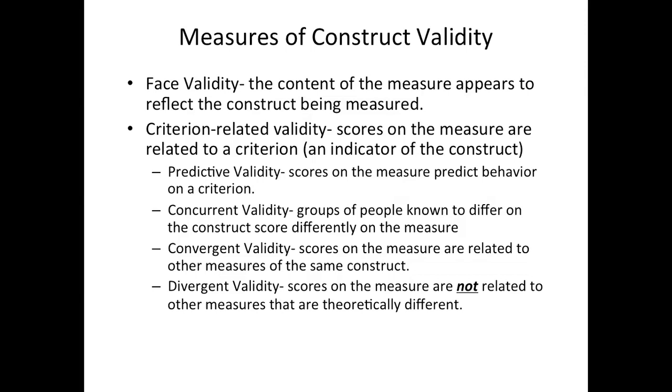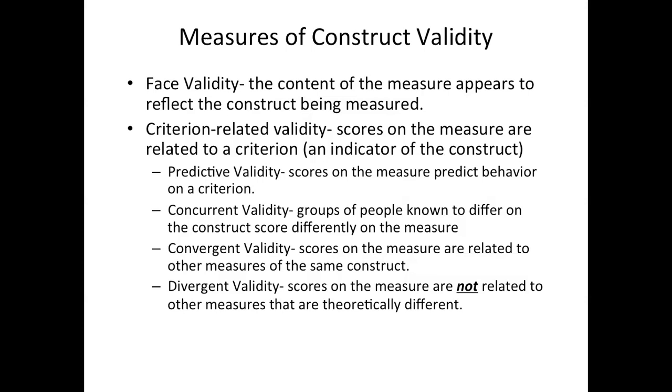Be very close. Whereas we can also detect the opposite, which is called divergent validity. Two measures of different constructs should get very different outcomes. If I give you a reading test and a personality test, should your scores be related, your reading abilities and your personality?